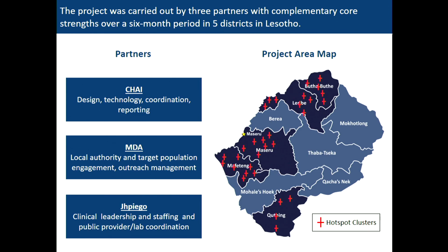JPIEGO was our main clinical partner, and we also worked with Mine Workers Development Agency, an organization with several decades of experience working with the ex-mine worker population in Lesotho. They're actually the development arm of a miners' union, and they were responsible for a lot of the local authority and target population engagement, as well as the general outreach management.